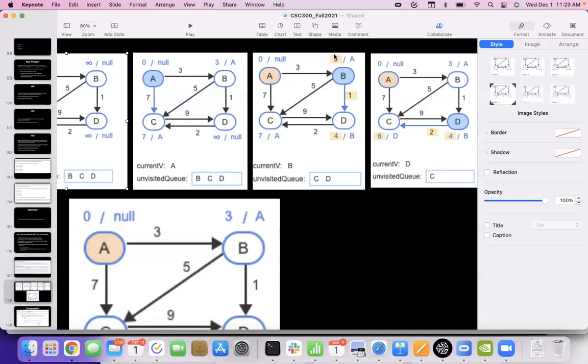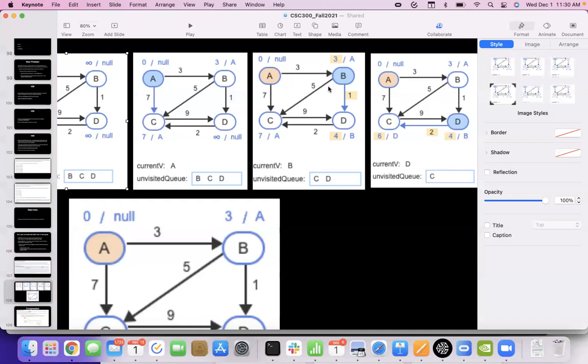So that is our current value, which is a 3, plus a 5, which is an 8, will get us to C. Is 8 less than 7? It's not. So we have not found a more efficient way of getting to C than we had previously found. So I'm not going to update this C to be an 8 because a 7 was a better choice.